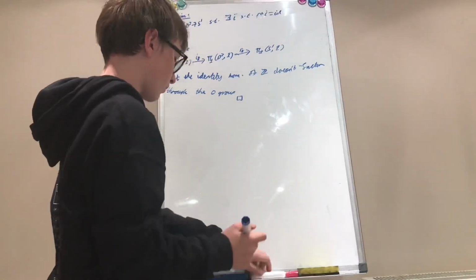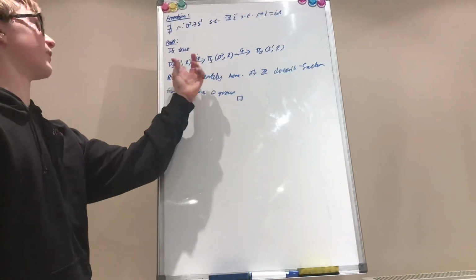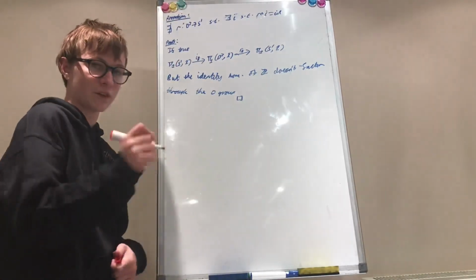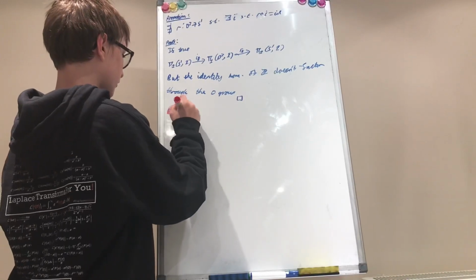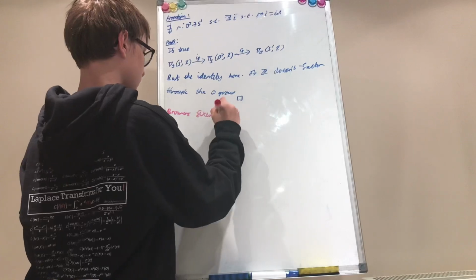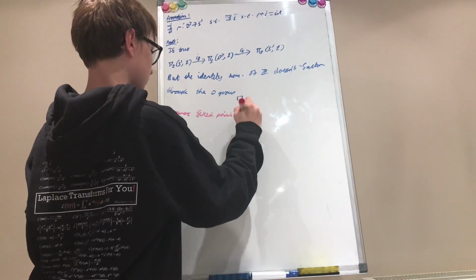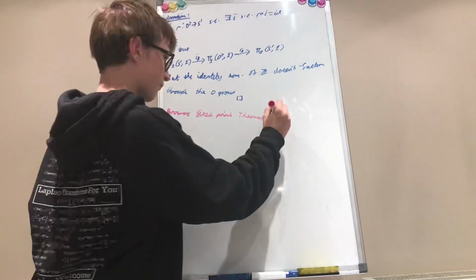Okay. Now we can use this result, which we got because the fundamental group of the circle is isomorphic to the integers, to prove Brouwer's fixed point theorem of dimension 2, okay?